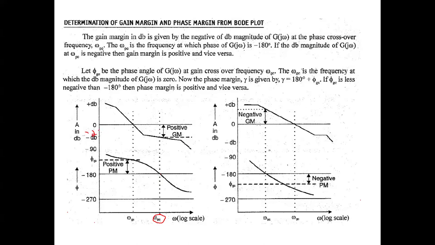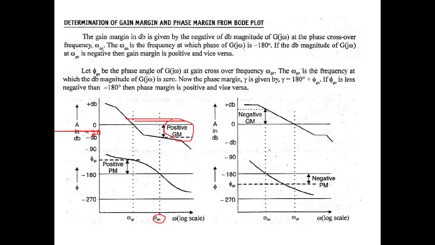Because it is logarithmic, I take the minus 20 directly. It is already a minus, so minus of minus is plus, so plus 20 decibels. If the gain value is negative, then the gain margin is positive. Please remember that.